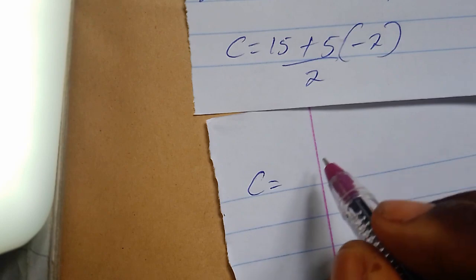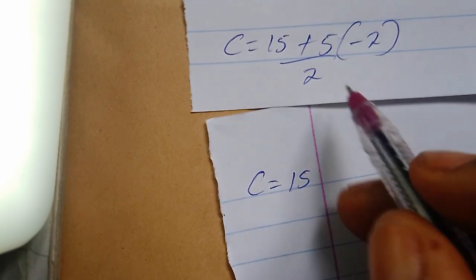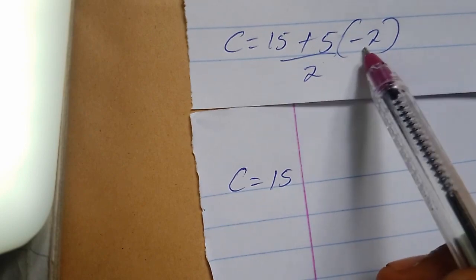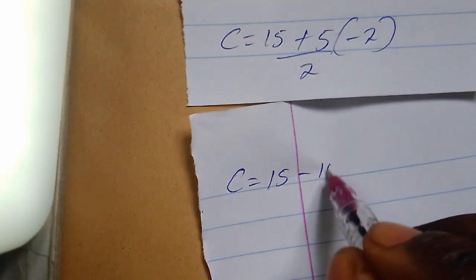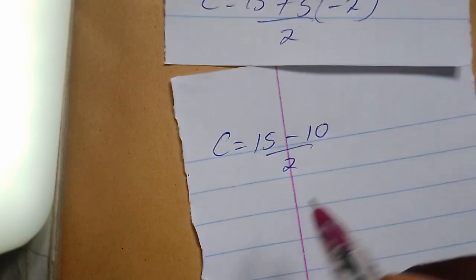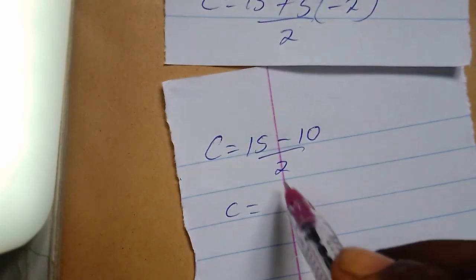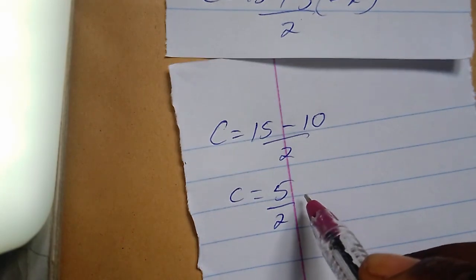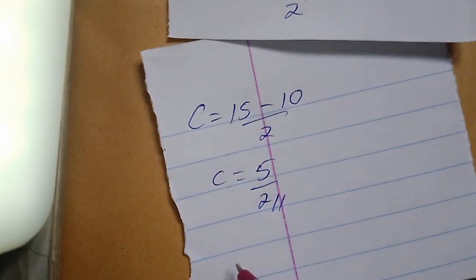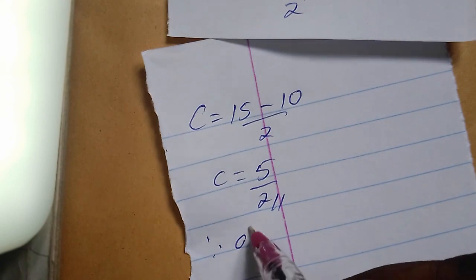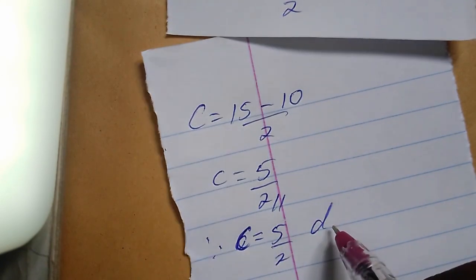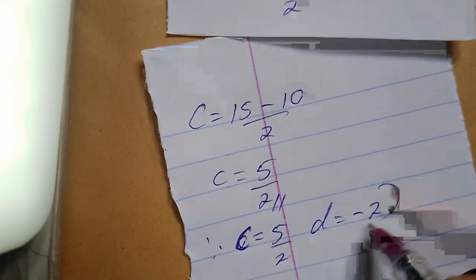So we have c equals 15, and 5 times minus 2 is going to give me minus 10, over 2. So c equals 15 minus 10 is going to give me 5 over 2. So this is our answer for c. Therefore c equals 5 over 2 and d equals minus 2.